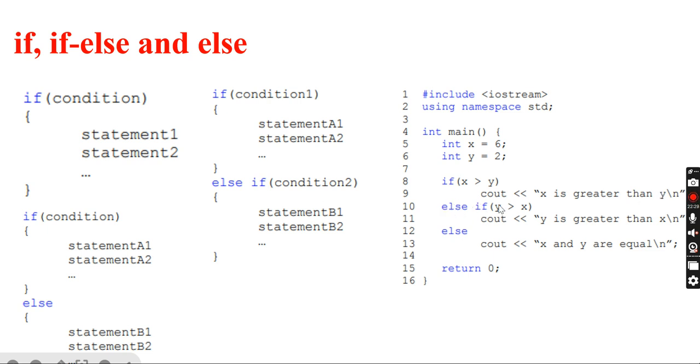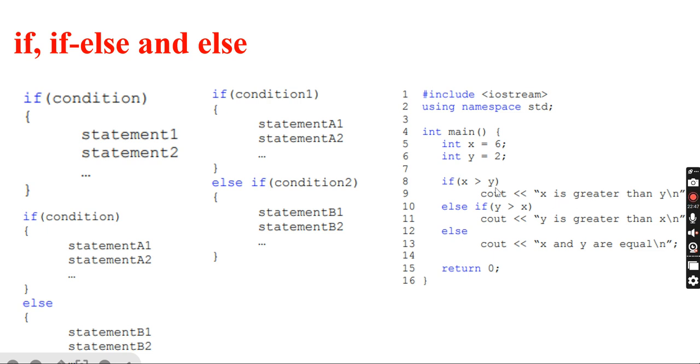Else if y is greater than x, print y is greater than x. Else both are equal. So which one will be printed here? Because x is 6 and y is 2, x is greater than y. So cout x is greater than y will be printed.